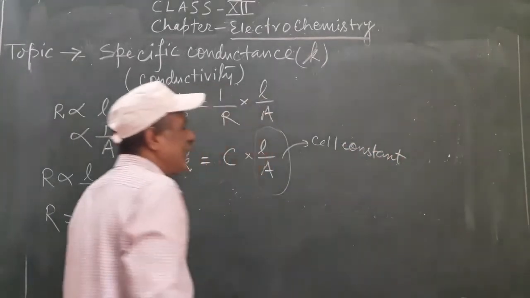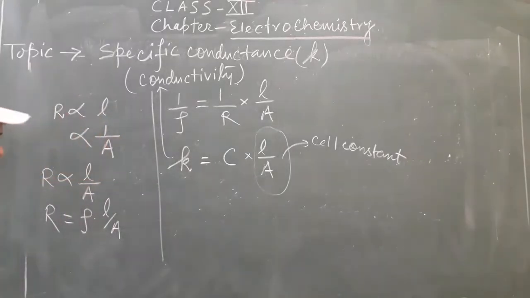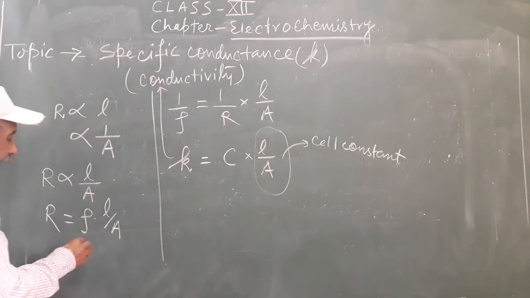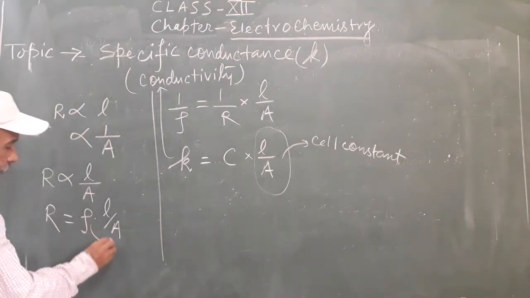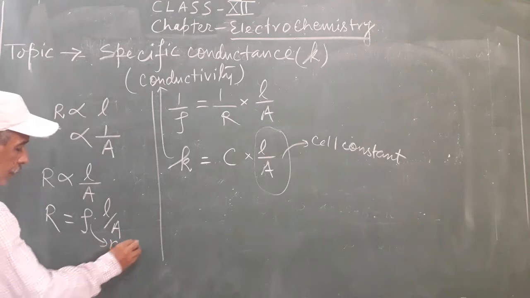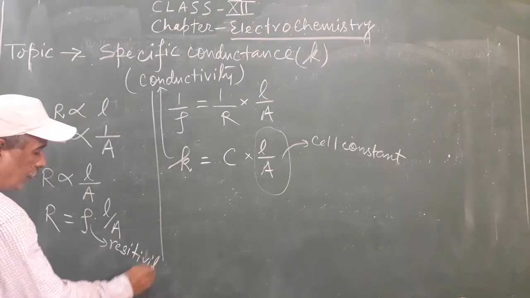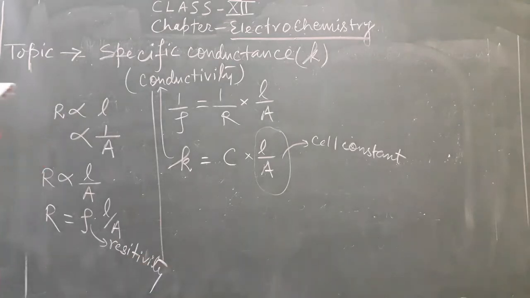It is called cell constant, and this one is called a specific resistance or a resistivity. This one is a resistivity. Correct?